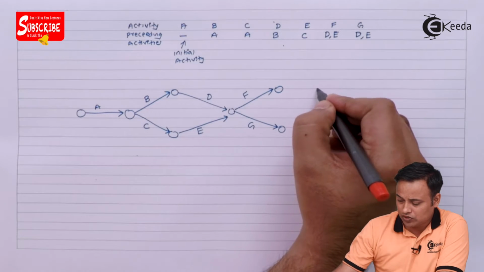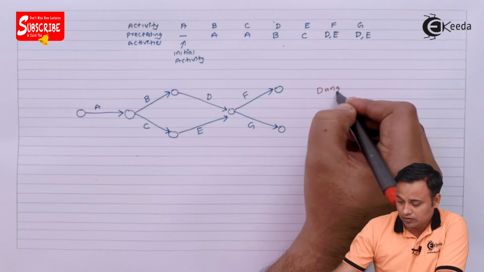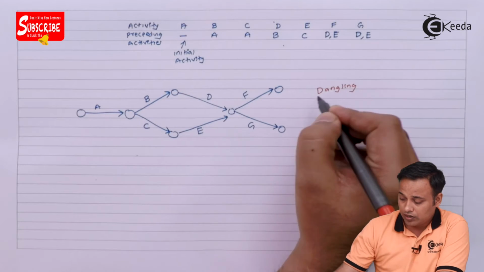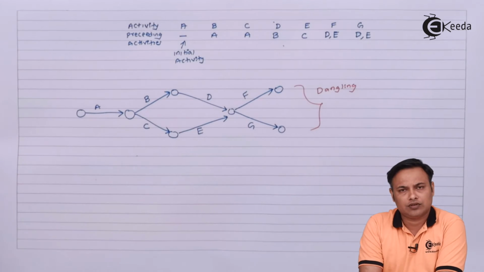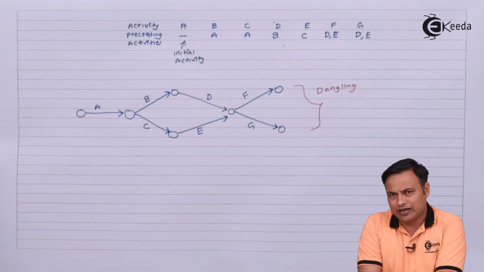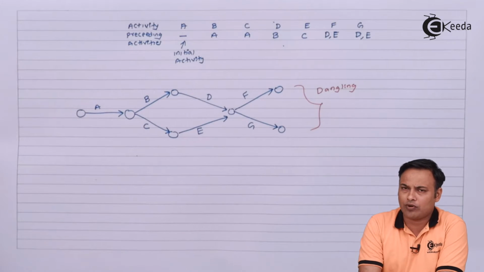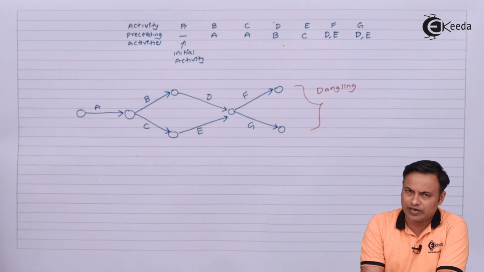This is something that is called as dangling. Now dangling is a case where at the final activity we have two or more activities, and because of that there are two endpoints which we don't want.